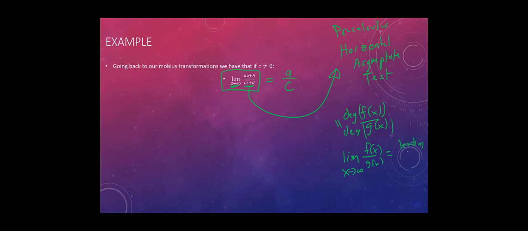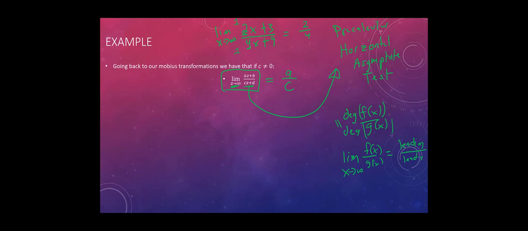Leading over leading. So for instance, let's say we had (2x + 3) over (4x + 9), and we took the limit as that goes to infinity. Well, the degree of the top is 1, the degree of the bottom is 1, and so the limit would be 2 over 4, the quotient of the leading coefficients there.